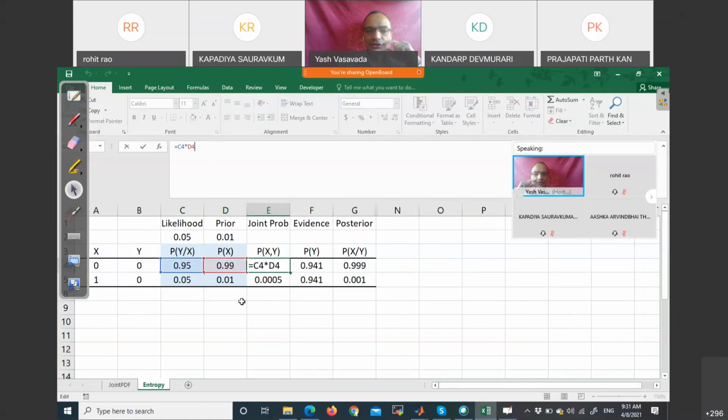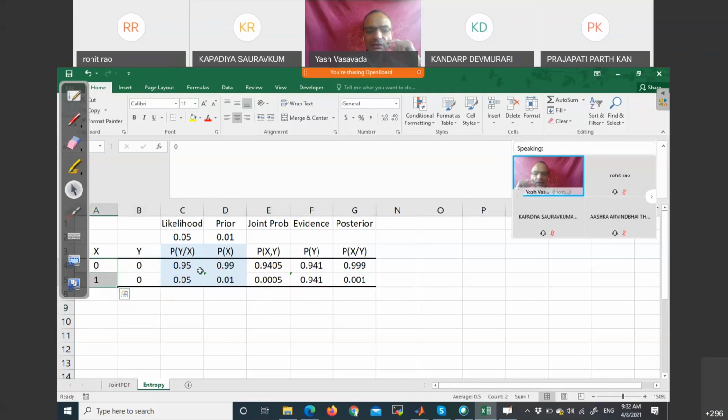This is the joint probability. Similarly, the joint probability for the case 1, 0 is C5 times D5. So it becomes very small, 0.0005. This is the joint probability. What about the probability that y is equal to 0? Well, y is equal to 0 only in these 2 cases.